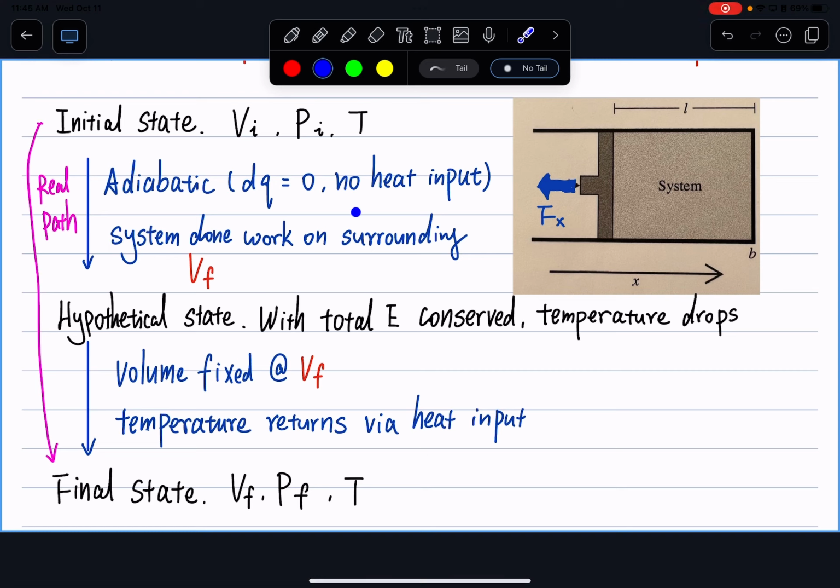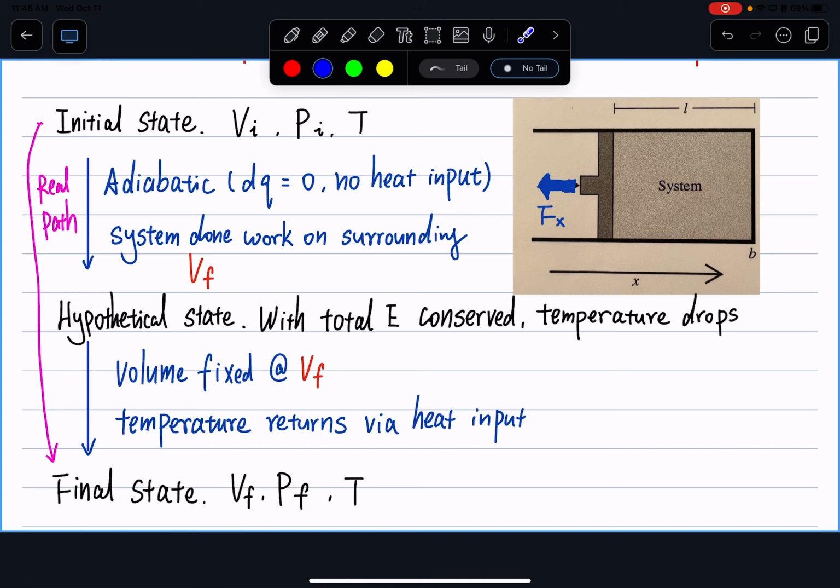That's the hypothetical state. And then from here, from V final, we keep that volume fixed after the adiabatic expansion of the gas. You have the pressure change, and your temperature returns to its initial temperature via some kind of heat input.